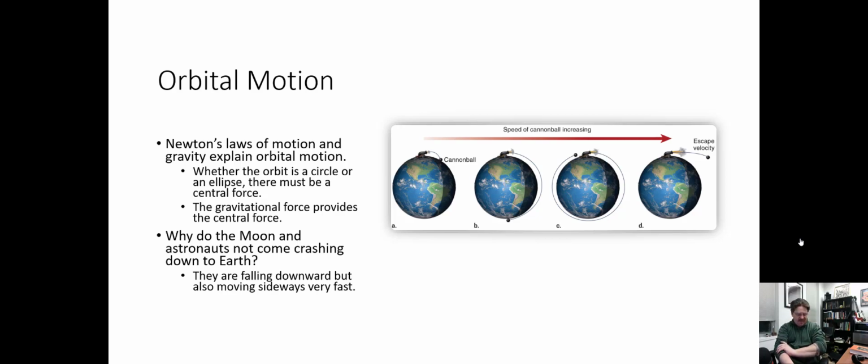If you take a really massive cannon and you put a certain amount of gunpowder in it, obviously this is a theoretical cannon, and you launch a cannonball. That cannonball is going to go through what we refer to as a ballistic trajectory. It's going to be parabolic. It's going to have a certain range, and gravity is going to force it down to the Earth.